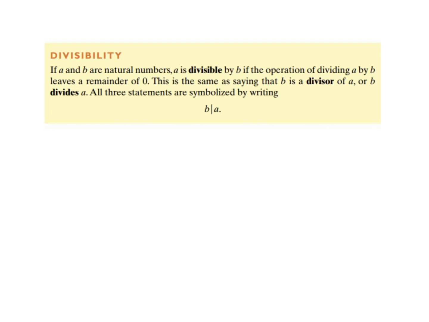Okay, let's talk about divisibility. If A and B are natural numbers, A is divisible by B if the operation of dividing A by B leaves a remainder of 0.